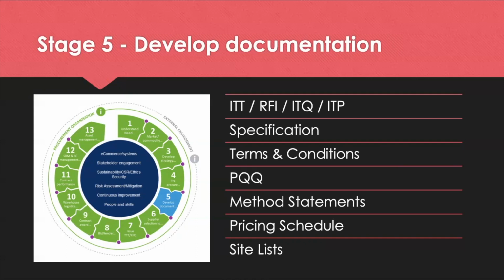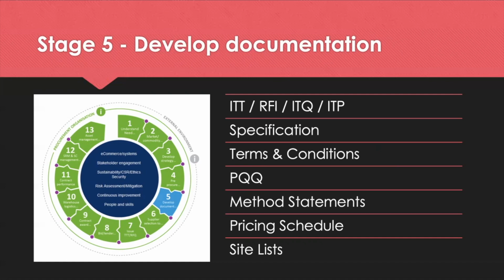So, the first bit around developing docs, make sure you pick the right template, whether it's a tender, a quote, a proposal, or a request for information. And the documents that you'd want to think about including are the spec, whether that's conformance or performance, the terms and conditions, the T's and C's, the PQQs, looking at suppliers' suitability.